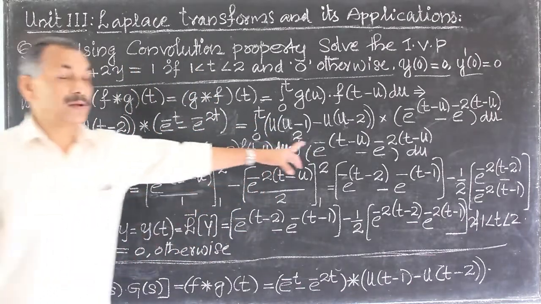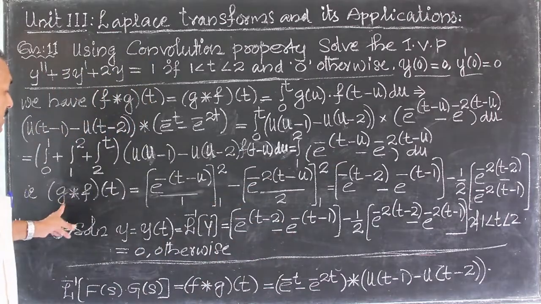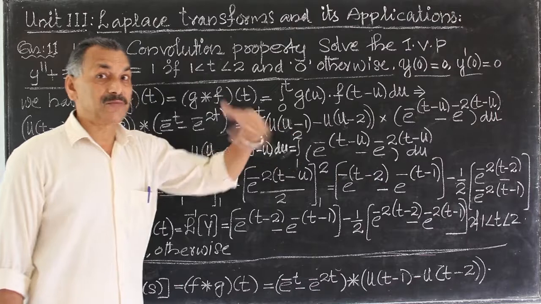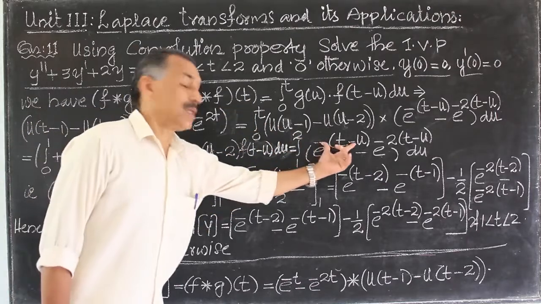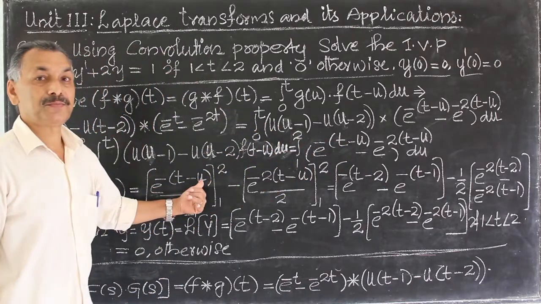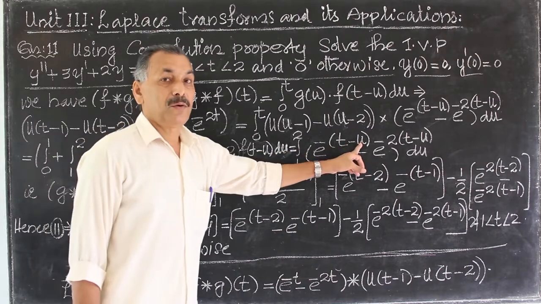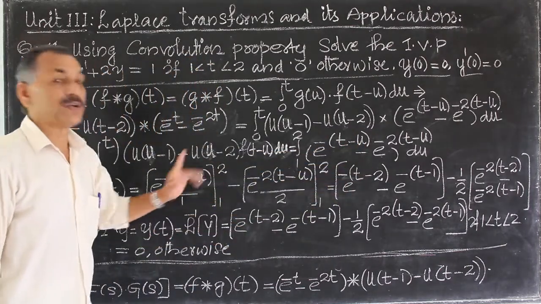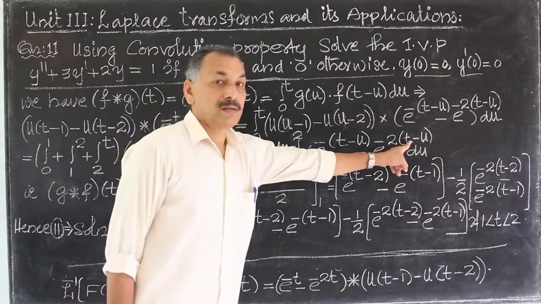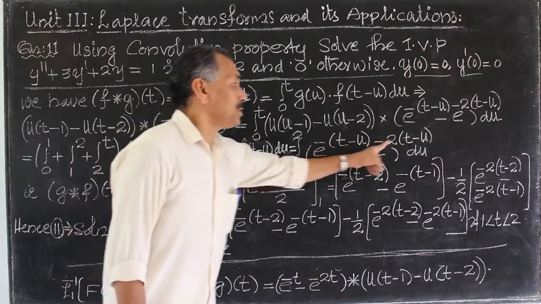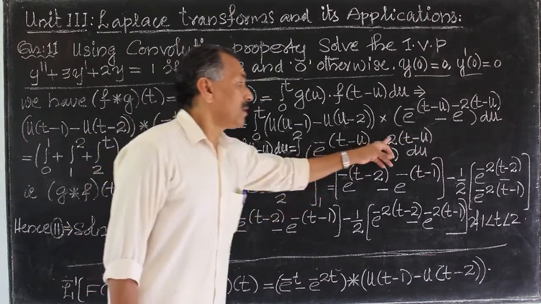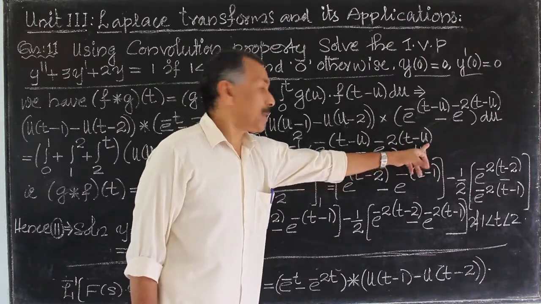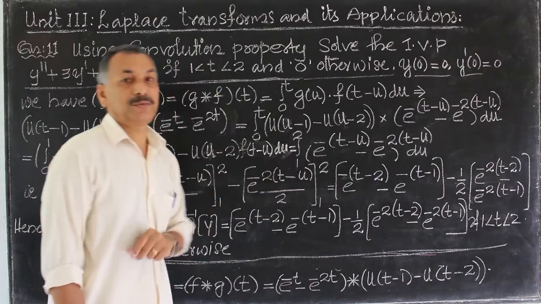Now let us integrate this. Integrating, that is g as f of t is equal to e raised to minus (t minus u), integrating with respect to u. Divided by the derivative with respect to u, which is minus 1, so minus of minus gives plus 1, between the limits 1 to 2, minus e raised to minus 2 into (t minus u), where the derivative with respect to u is minus 2 into minus 1, divided by it, between limits 1 to 2.